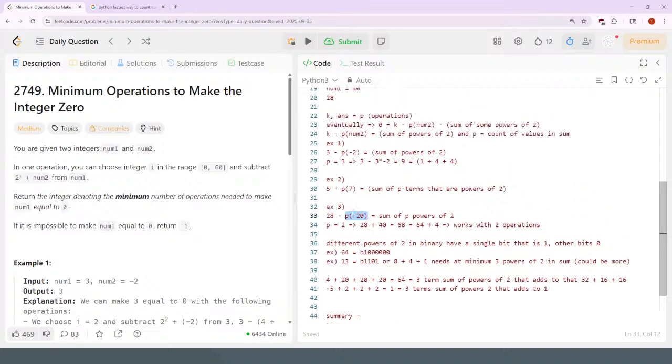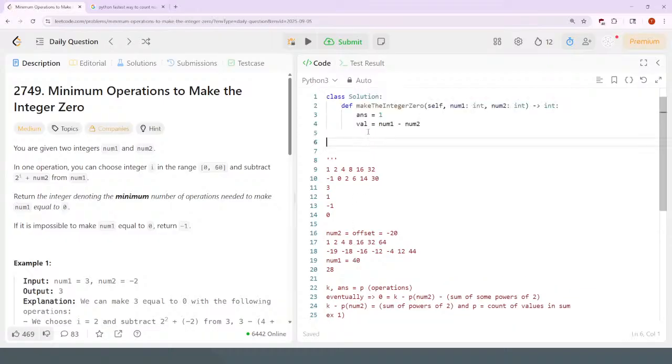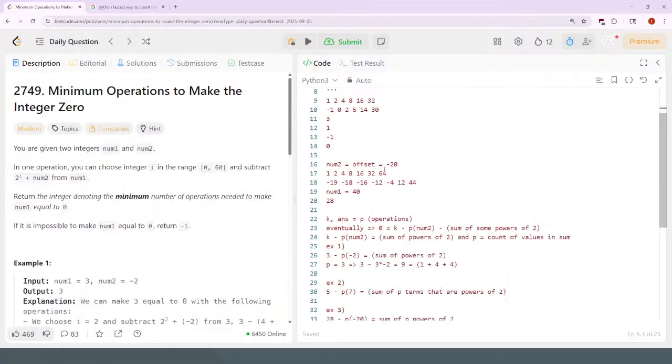So if this number is negative, value is less than or equal to 0, and I'm decreasing by num2, and num2 is positive.